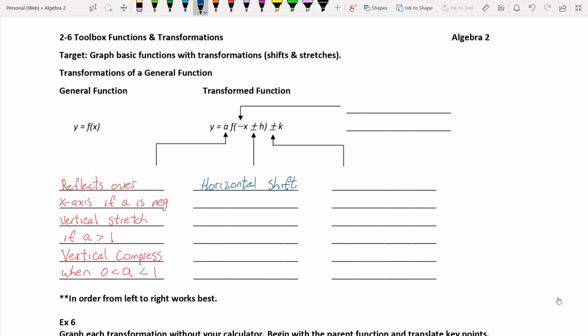And we said it moves h units right when h is negative and left when h is positive.